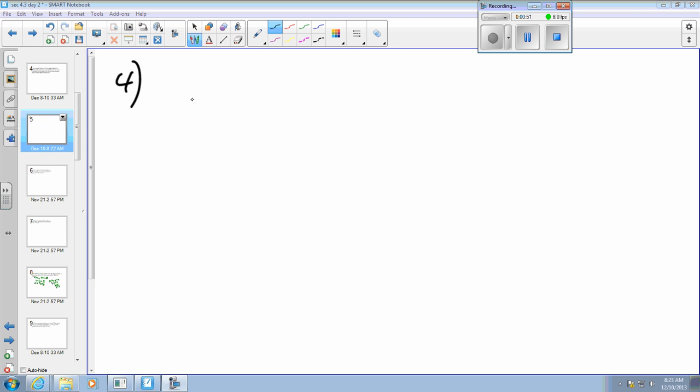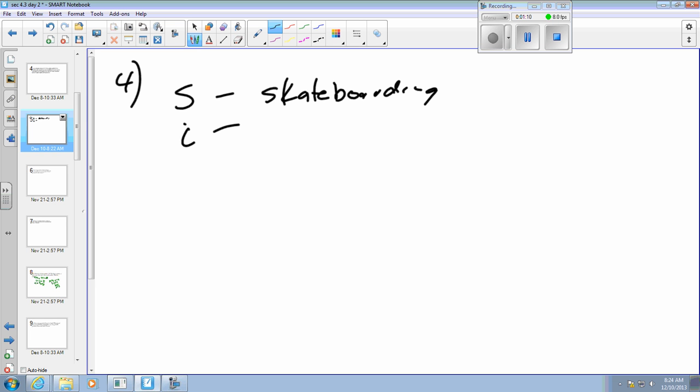Well, the first step, anytime you're going to solve things, is to define the variables. So I'm going to define my variable S as skateboarding, and I as my inline skating. So there's my two variables. The sentence, in 2005, the total number of participants in both sports was 25.1 million.